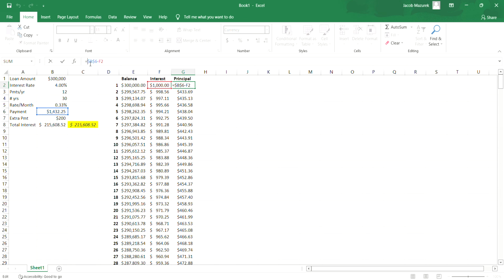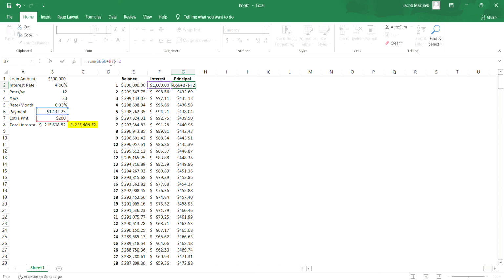So equals sum, and then parentheses, B6 plus the extra payment here, and close the parentheses. So what you're looking at is it's first starting with what's in the bracket, which is this minus this.